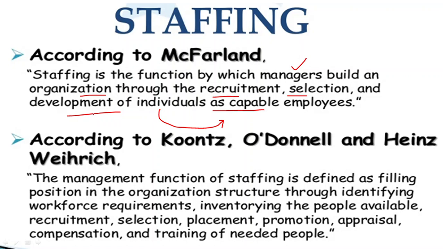So for now, this definition talks about turning individuals into capable employees by recruitment, selection, and development. And it also highlights that this is the function by which you are making the organization, which is a group of people, and this group you build or make through this function of management, that is staffing. So it is a very important function of management.